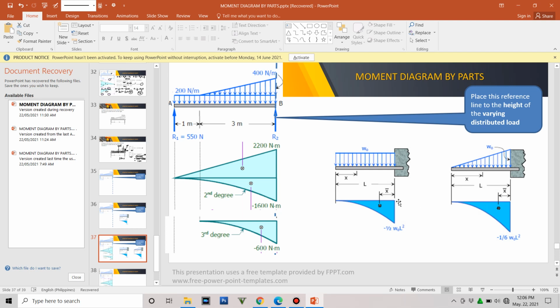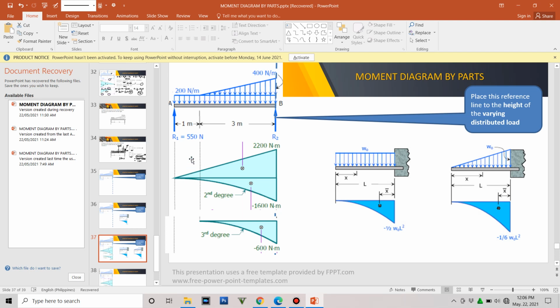So, applying both of this formula, no, unahin muna natin yung, ito pinili ko to, place this reference. Kasi nga, hindi natin magagamit yung formula na to kapag ito yung pinili mo, kasi wala dun yung maximum height na varying load mo. Kahit saan, dito lang pwede. Okay? So, dyan lang pwede.